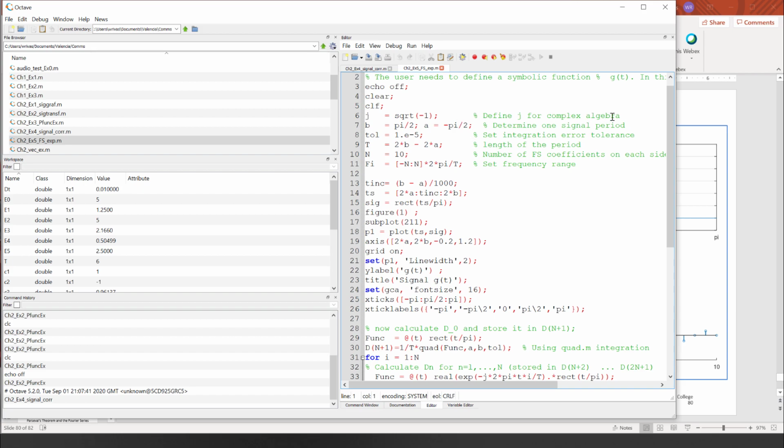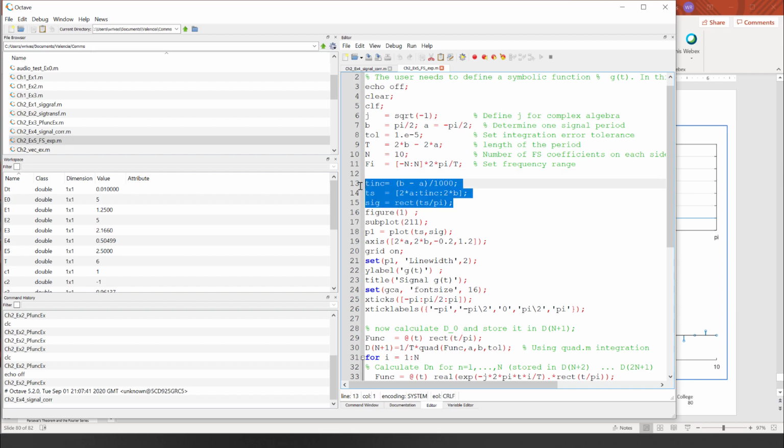I express the j operator as square root of minus 1, which is by definition. I'm going to use A and B from pi over 2, and A is minus pi over 2. We are going to use numerical integration. There's a quad function that you can use to do numerical integration, and that's what we're going to be using today. So first we create our rectangle.